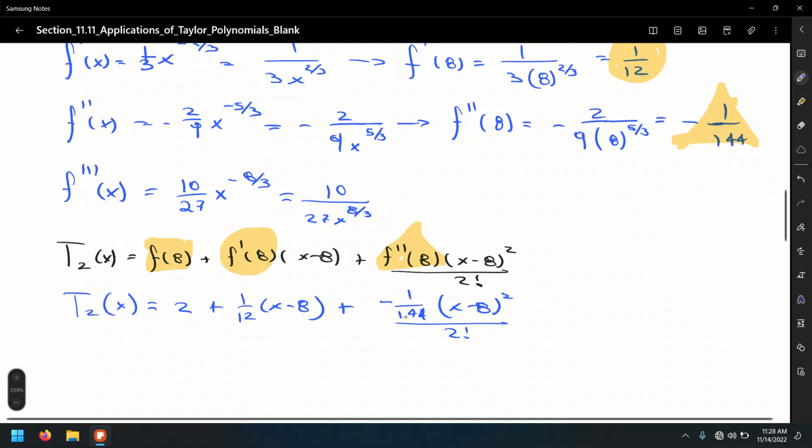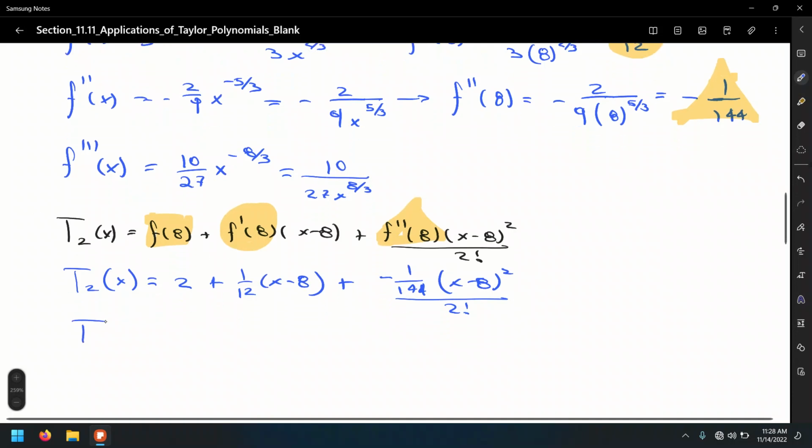So that's going to make the 144 be multiplied by 2. So T sub 2 is 2 plus 1/12 times x minus 8, minus 1 over 288 times x minus 8 squared.